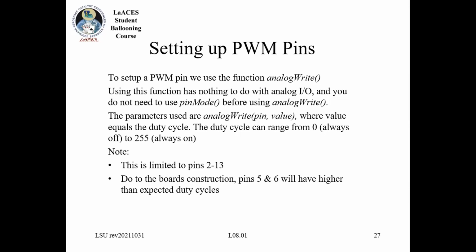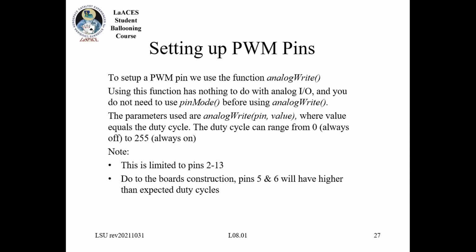And as you can guess, that's a single byte, that value. That's why it's 0 to 255. And that's basically the fraction of how long it's on. So 0 will be always off, and 255 will be always on.